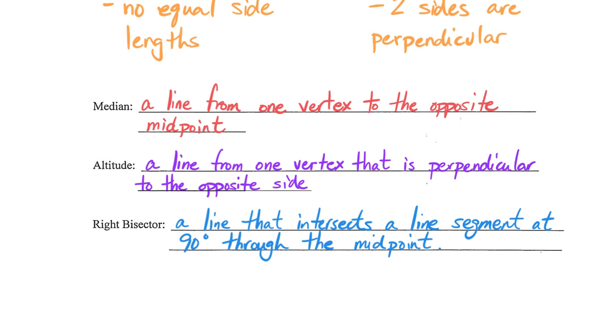It intersects the line segment at 90 degrees. The 90 degrees is why it's called right. And then you also have the bisect part. Bisect is a way of saying cuts exactly into two equal parts. That would have to be going through the midpoint. So right bisector, 90-degree angle through the midpoint.